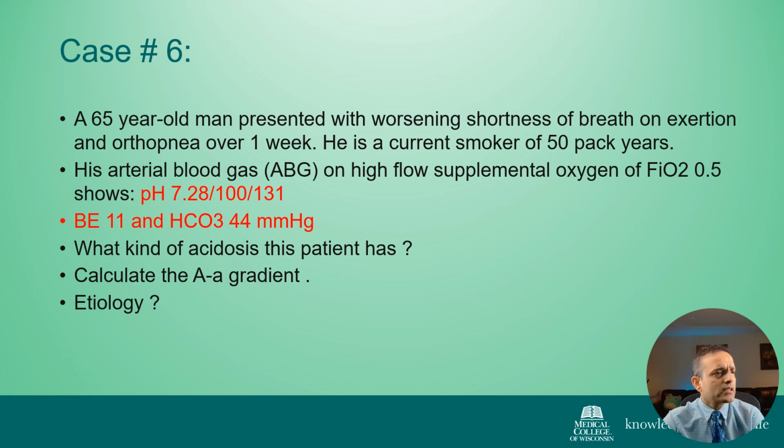So expected bicarbonate in a chronic compensated respiratory acidosis. So this patient has acidosis and high carbon dioxide. So basically carbon dioxide is very high here. As you can see, it went up from 40 to 100. So the formula that we have is expected bicarbonate in these people is going to be 24 plus, for every 10 increase in PaCO2, bicarbonate is supposed to rise by 3.